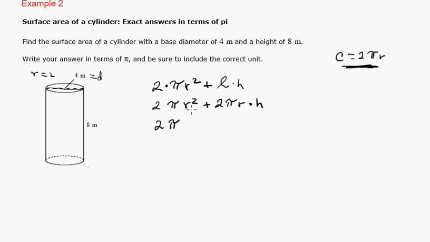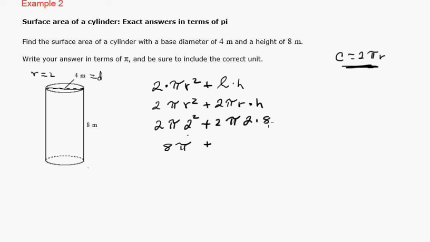R is 2, so you already know 2 squared is 4. I'll show all the steps, but you can go a little faster. 2 times 2 is 4, times 2 again is 8, so we get 8 pi over here.